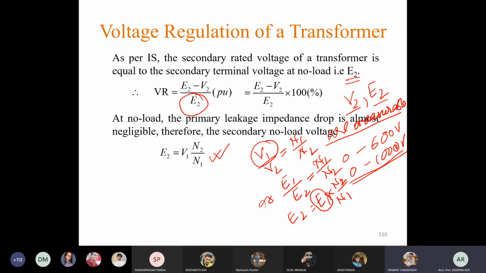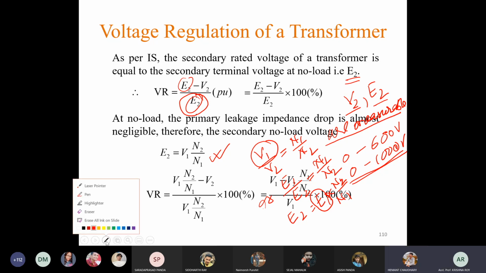So using this expression of E2, we can modify this equation, that is VR is equal to, putting the values of E2 here and here, V1 into N2 by N1 minus V2, divided by V1 into N2 by N1.